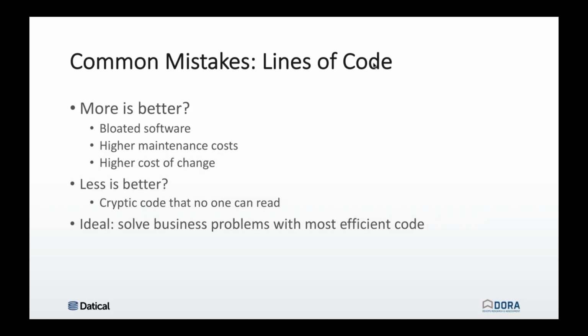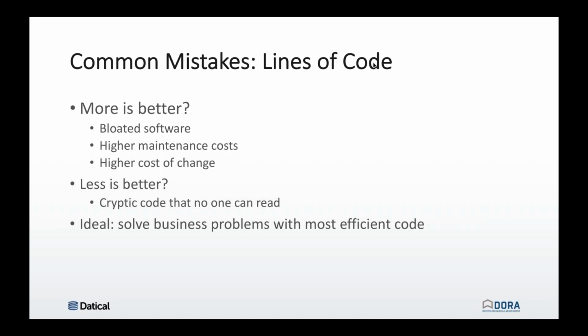All that does is give us bloated software, higher maintenance costs, and a higher cost of change. And it makes it super hard to read through and understand what's happening. Now, the opposite isn't better either. Less isn't better. I was a university professor for a handful of years, and there are always these crazy and awesome and ridiculous contests to see how much you can accomplish in the least amount of code possible.